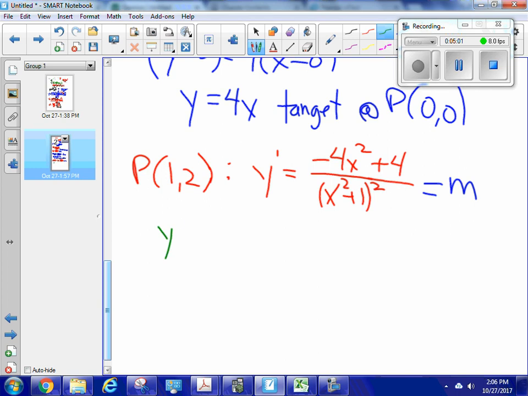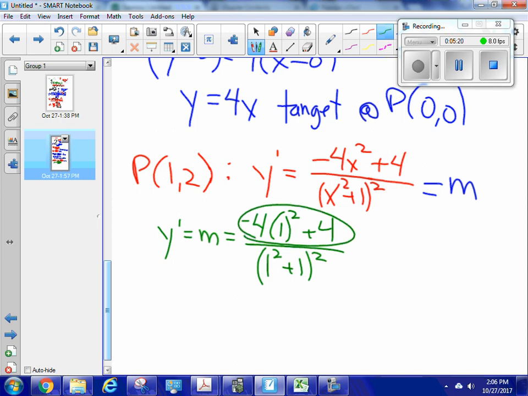So I have y prime equals m equals negative 4 times 1 squared plus 4 over 1 squared plus 1 squared, but I can see right away that my numerator here is going to be equal to 0, so the entire thing is equal to 0. My slope right there is 0, a horizontal tangent line.